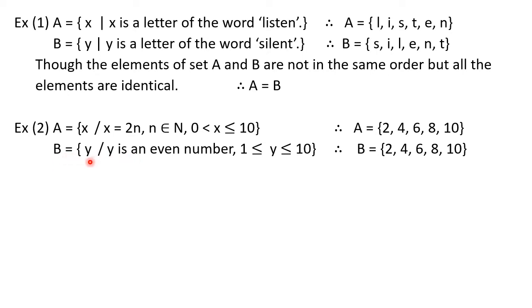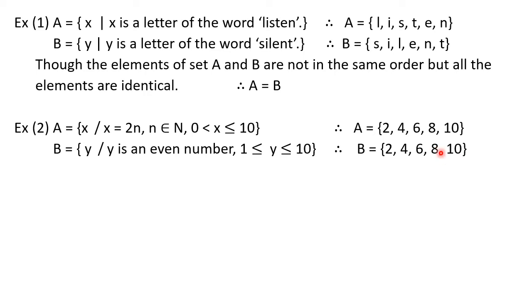B is a set of all y such that y is an even number and 1 is less than or equal to y and y is less than or equal to 10. So here you have to write down the even numbers from 1 to 10. Okay. So even numbers start from 2. So your set will be B is equal to 2, 4, 6, 8 and 10.